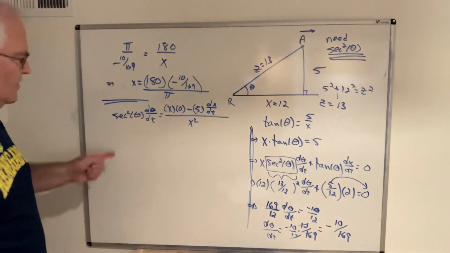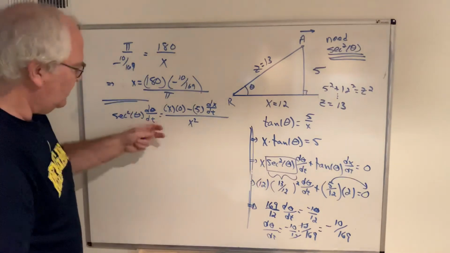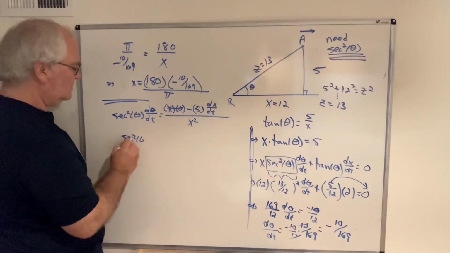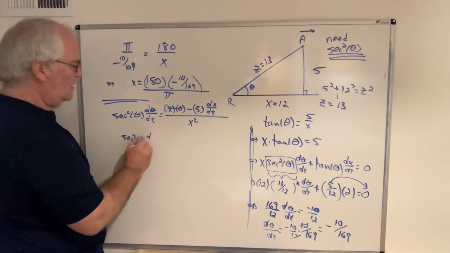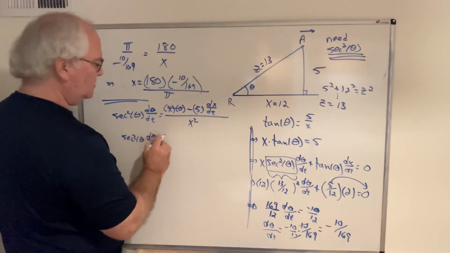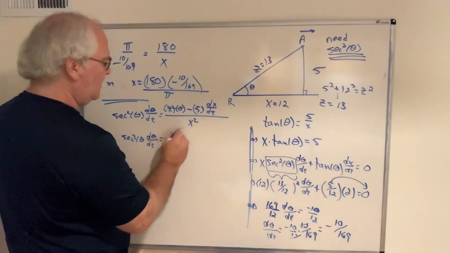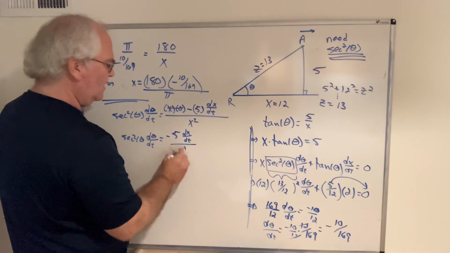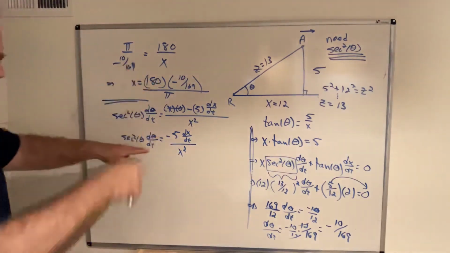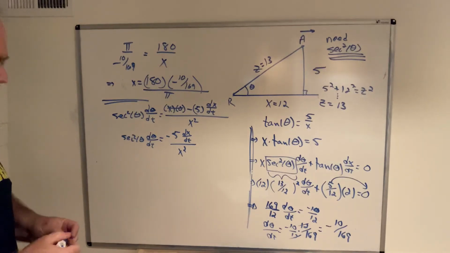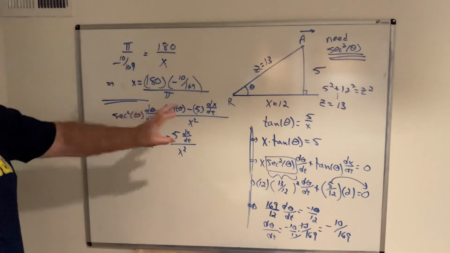It's not obvious, but if you throw all this information into this equation, this falls out. So I have secant squared of theta, dθ/dt, is equal to negative 5 dx/dt over x squared. If you throw all that information in, you get the same final result that we did. So it doesn't matter if you use quotient rule or product rule.